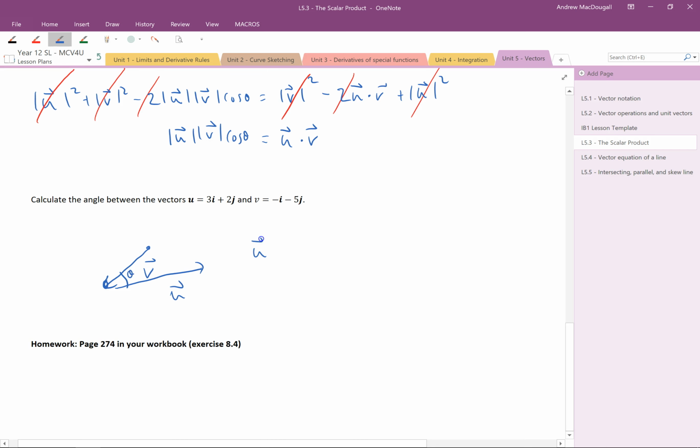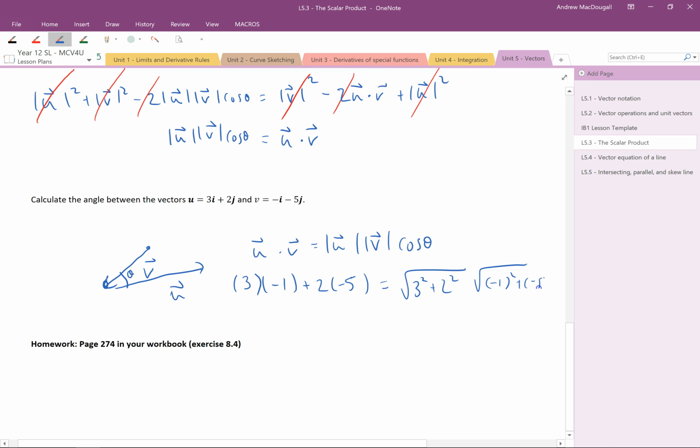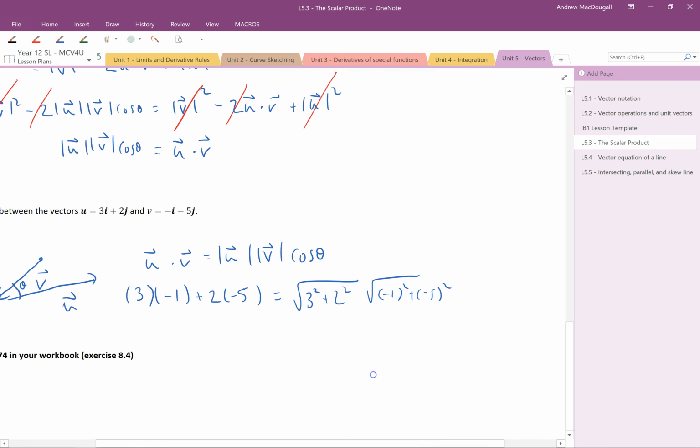So we know that u dot v is length u, length v cos theta. u dot v is 3 times -1 plus 2 times -5. The length of vector u is the square root of 3 squared plus 2 squared, times the square root of -1 squared plus -5 squared, times the cos theta.